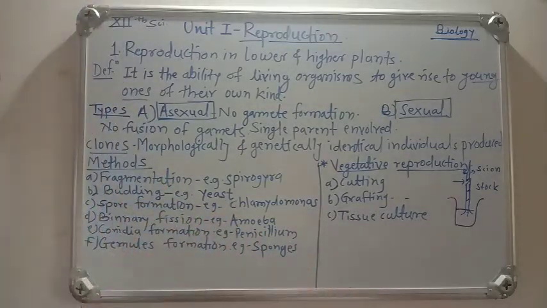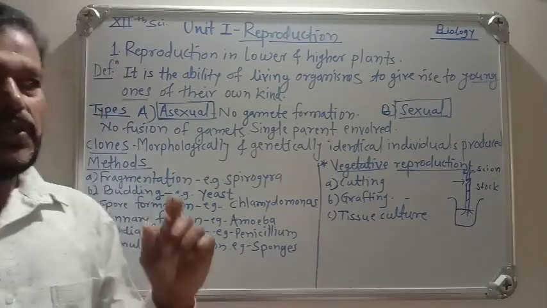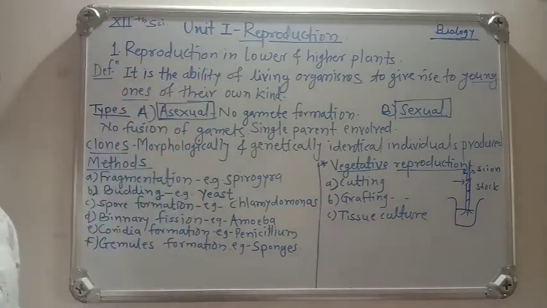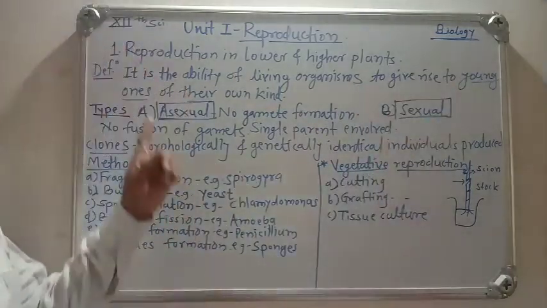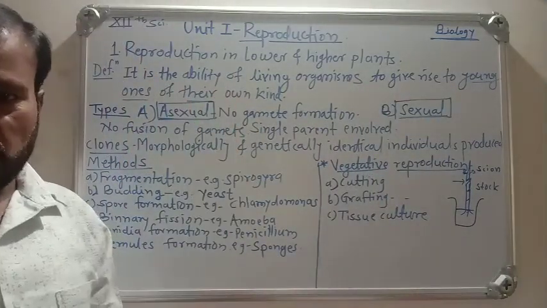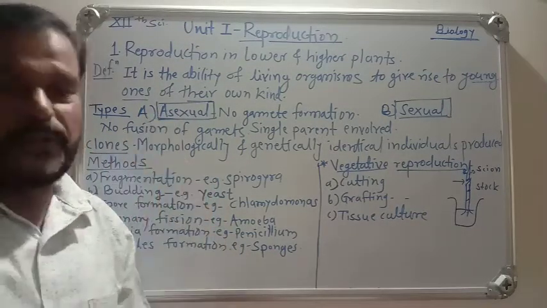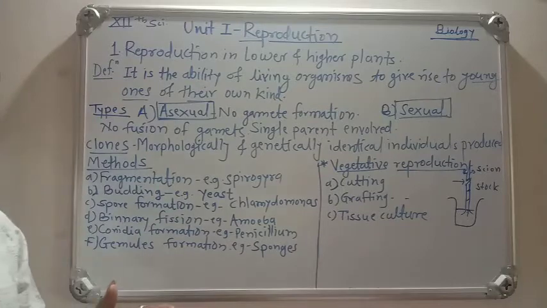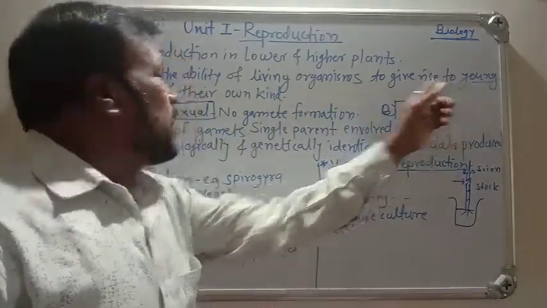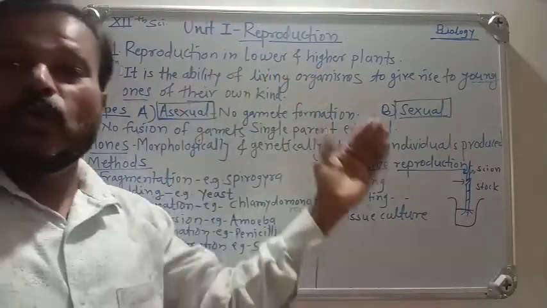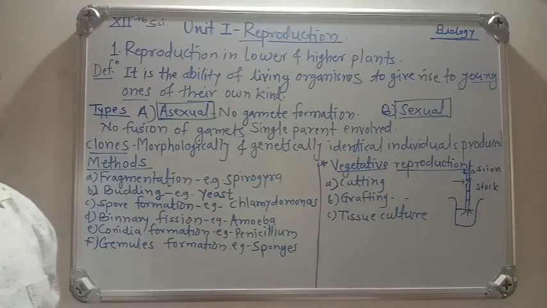Now we will discuss the definition of reproduction. It is the ability of living organisms to give rise to young ones of their own kind. Means each and every living organism makes its own copies. That is called reproduction. A very simple definition: production of young ones of their own kind is called reproduction.